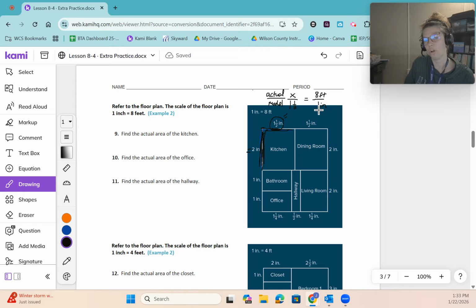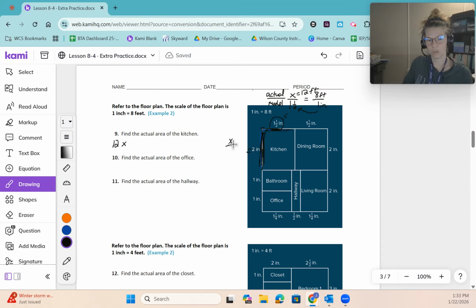8 over 1 is 8 divided by 1, which is 8. And then I multiply that by 1.5, and that gives me 12. So x equals 12 feet. Now we have to do the same exact thing for my 2 inches.